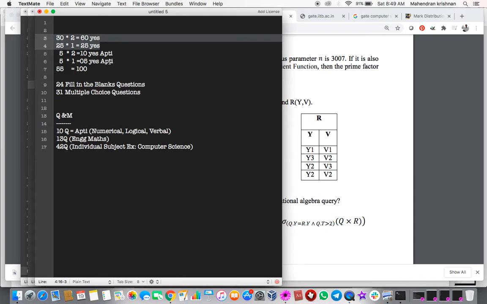So, negative marks. Let us see. MCQ, negative marks present. Multiple select question, no negative.